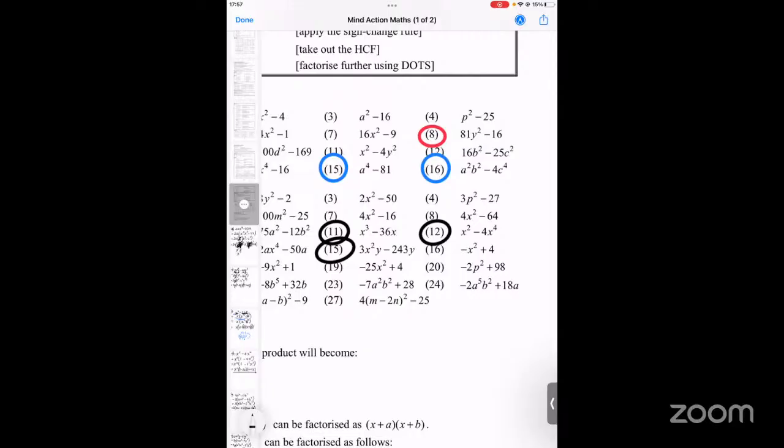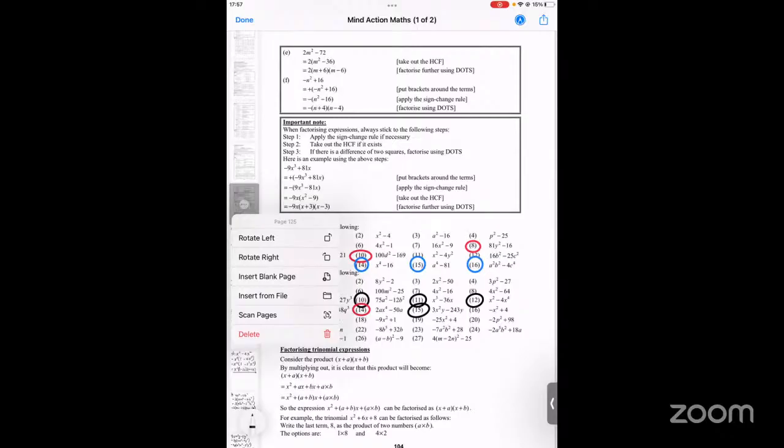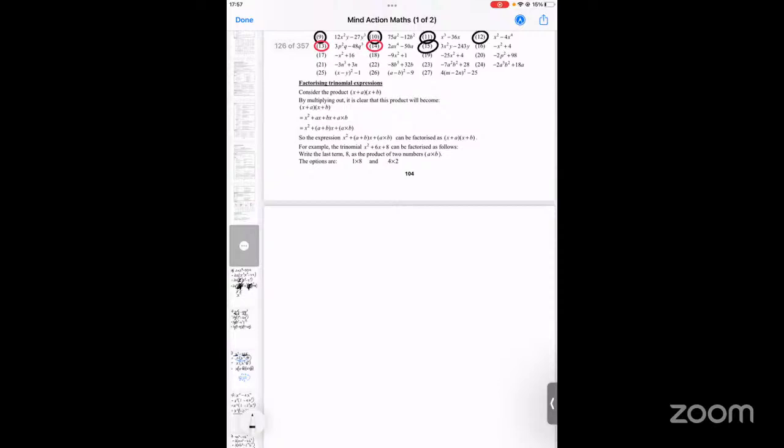Okay, then it's fine. So now it's number 15, and then we have 3x squared y minus 243. How did you work it out, Gracie?